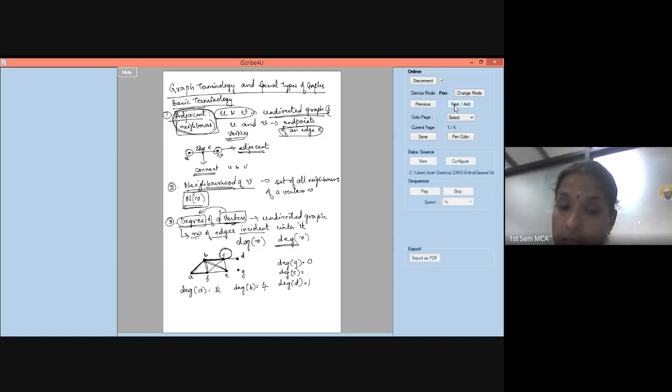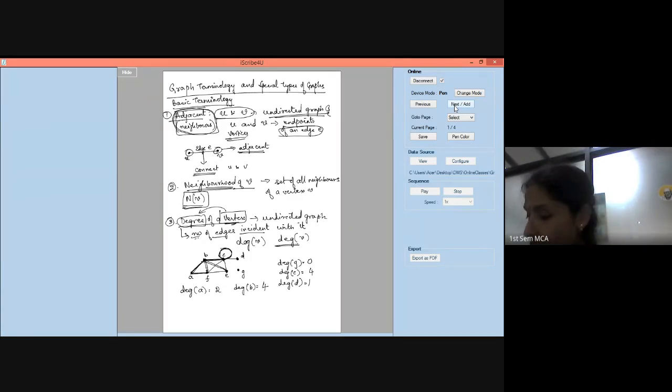That itself is considered one edge, because it's an edge from the vertex to itself. So here we are considering the loop as well. One loop is one edge, 2, 3, 4: C to C, C to B, C to F, C to E. So that is called degree. It's very important.